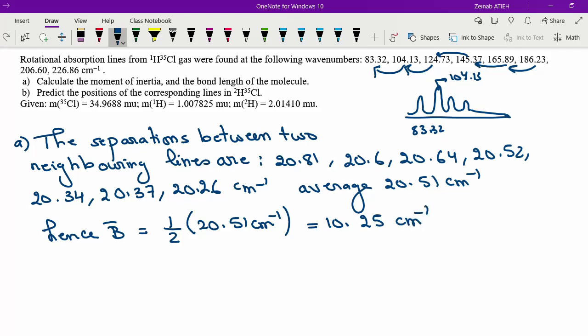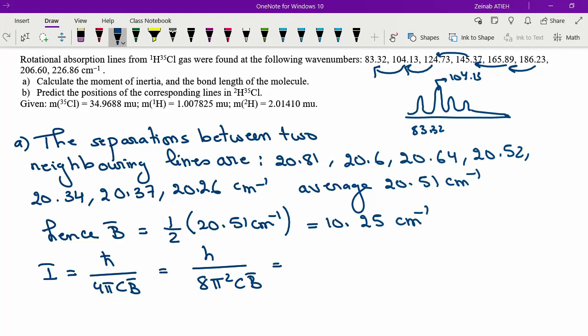Once we get B bar, we are able to calculate I. Remember that I equals h bar over 4 pi c B bar. It's equal to h over 8 pi squared c times B bar.